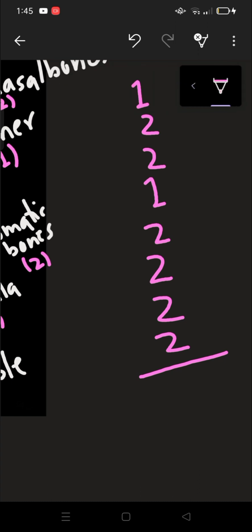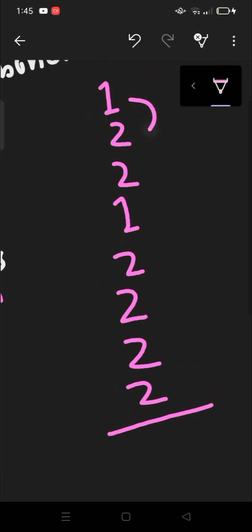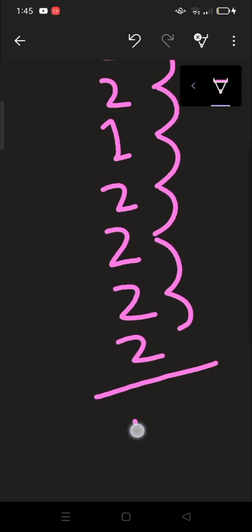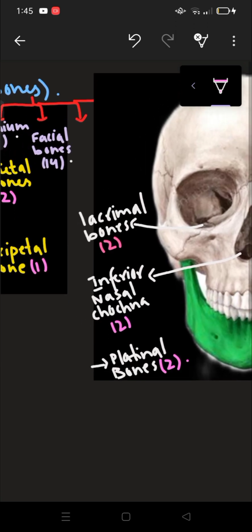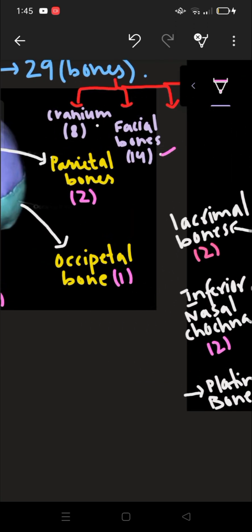So as you can count, 1 plus 2 is 3, 3 plus 2 is 5, 5 plus 1 is 6, 6 plus 2 is 8, 8 plus 2 is 10, 10 plus 2 is 12, 12 plus 2 is 14. As I have written here, facial bones are 14 in number. So we have verified that by counting all these bones. That gives us the number 14, meaning 14 are the facial bones.